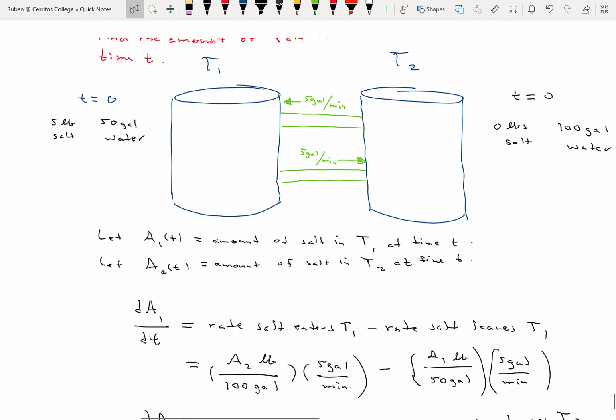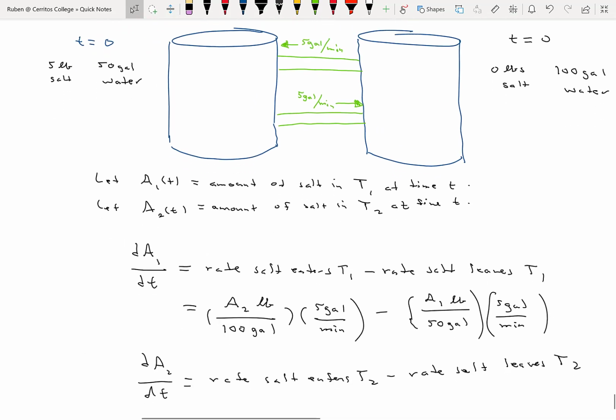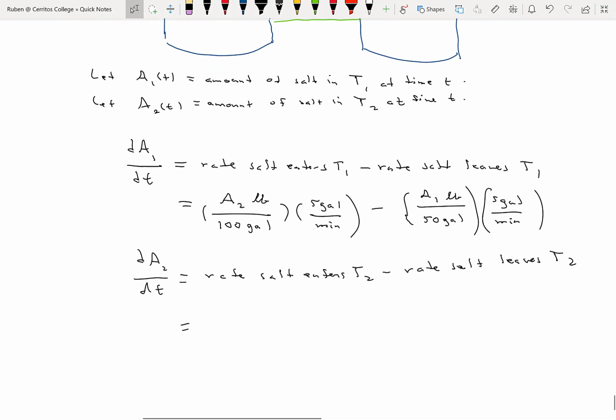It's entering T2 from T1 at 5 gallons per minute. But how fast is the actual salt itself entering T2? Well, it's entering from T1. In T1, the concentration is again A1 pounds, and A1 has 50 gallons.